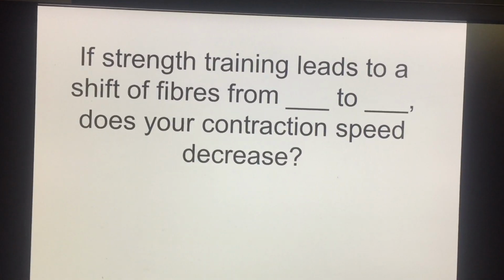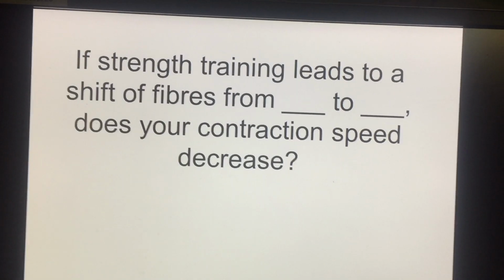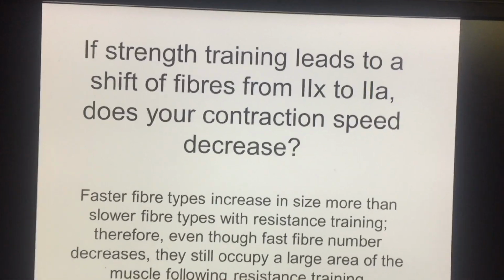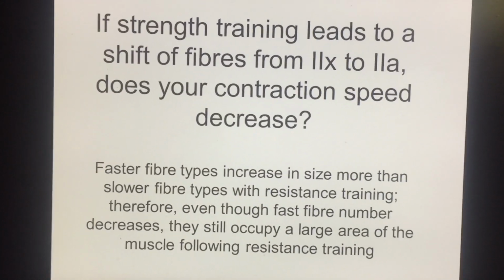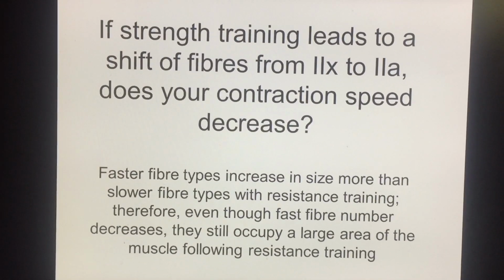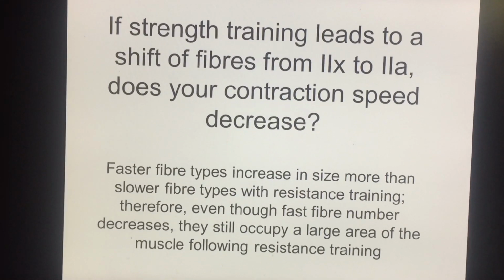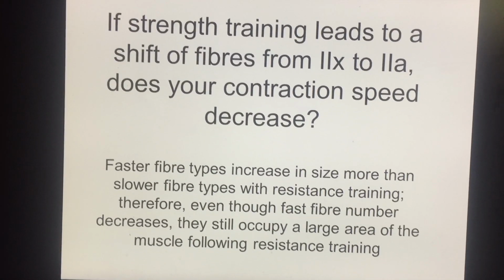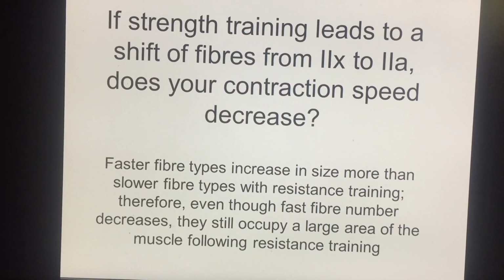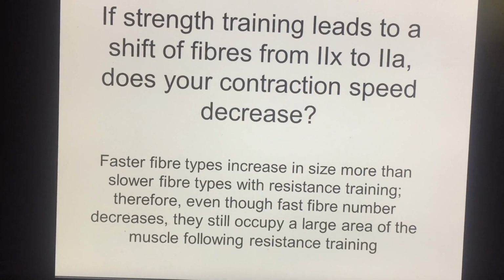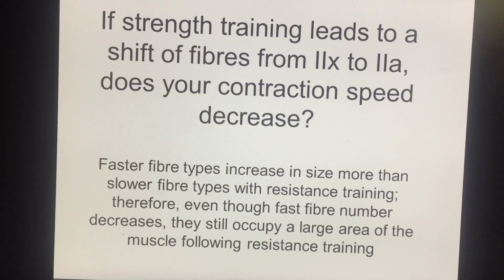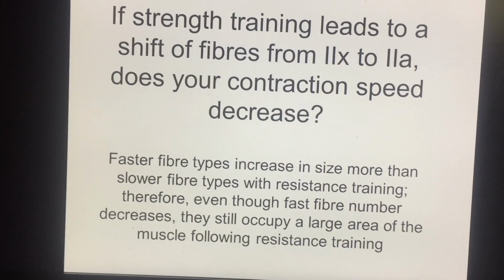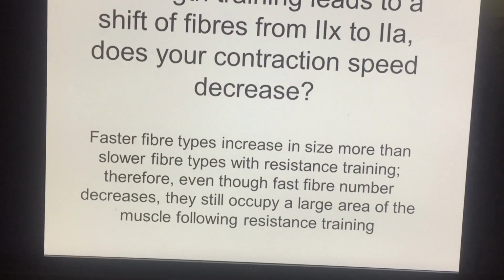So the question that a lot of people have is, if strength training leads to a shift of fibers from 2X to 2A, does your contraction speed actually decrease? And the answer to this is no, your contraction speed doesn't decrease. One theory here is that you get this fast fiber type shift, but with strength training, your fast fiber types increase in size more than your slow fibers.